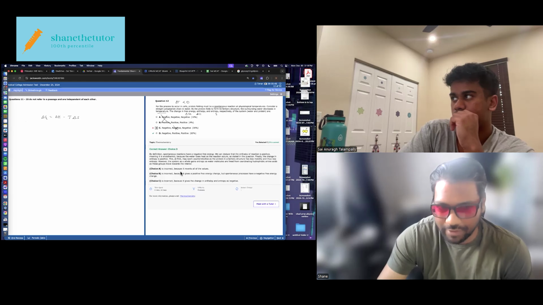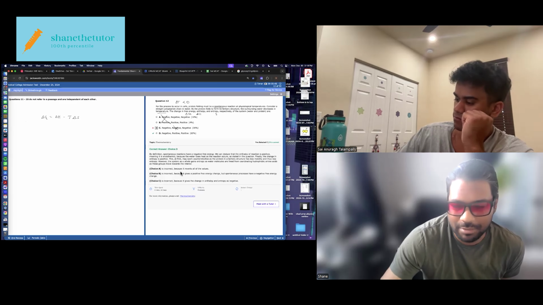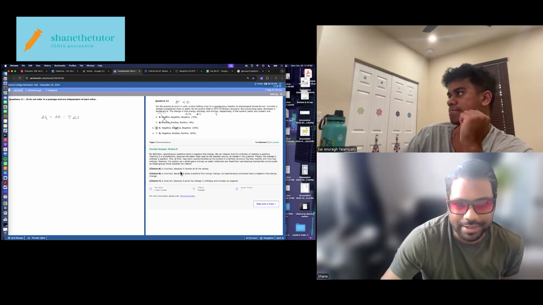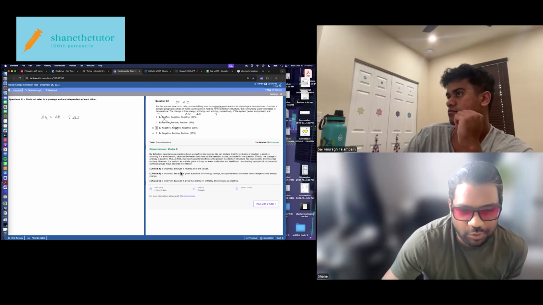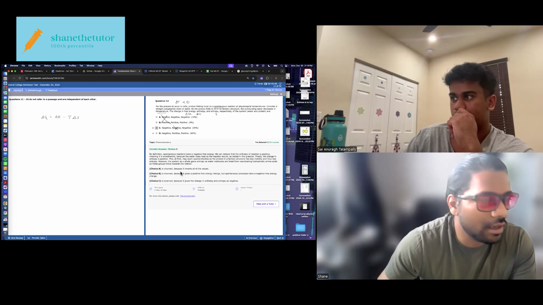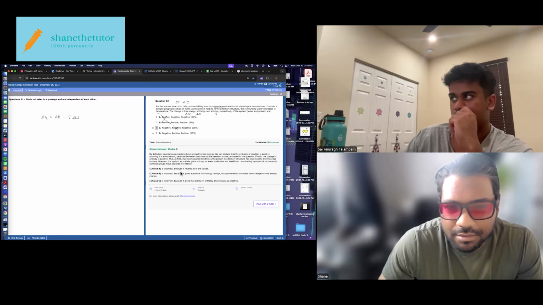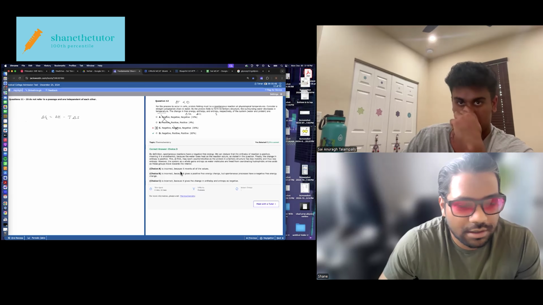So that's one way of answering this, by knowing conceptually what they mean by enthalpy and entropy. But let's see if we can do the math here. We have a negative T delta S. And they're saying that the temperature decreases.